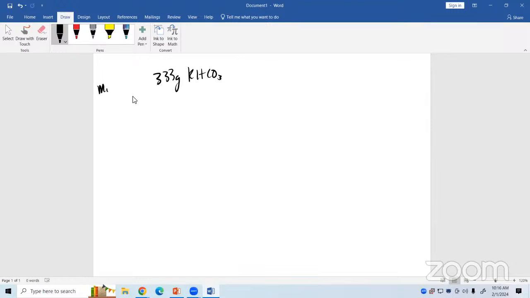So to calculate the molarity, what we'd have to do first is convert the mass of potassium hydrogen carbonate to moles. So we're going to put 1 mole of KHCO3 above, and down here, the molar mass, which I have to figure out over here.